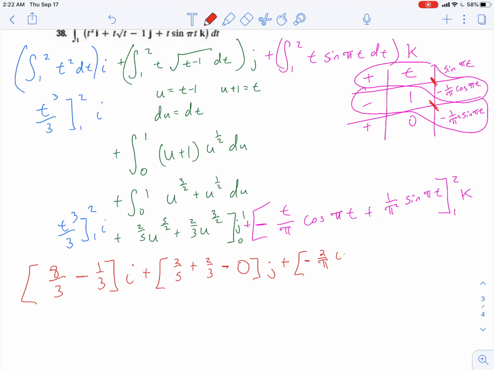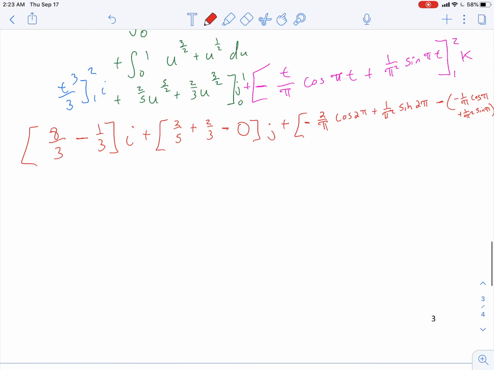So I'm going to have negative 2 over pi cosine of 2 pi, plus 1 over pi squared sine of 2 pi, and then minus negative 1 over pi cosine of pi plus 1 over pi squared sine of pi.